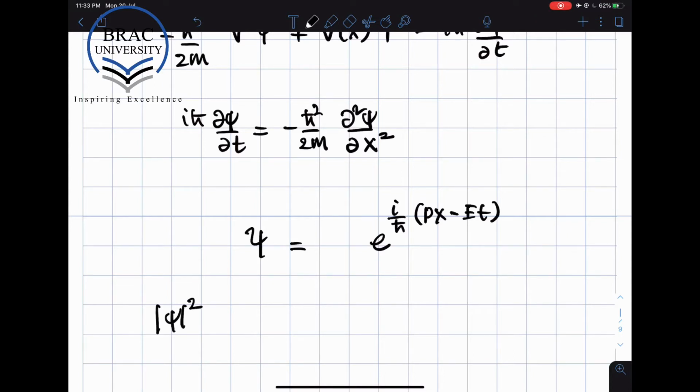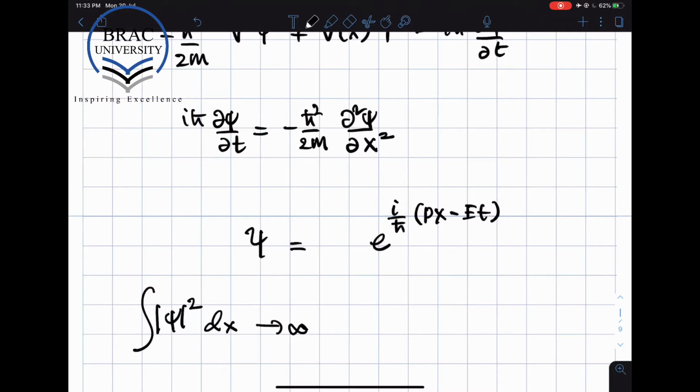Now this is an example of a function that is not normalizable, because if I take the mod squared of this thing, this is just a constant, because this is just a phase. So if I integrate this over all space, this is going to blow up. Therefore, this is an example of a wave function that is not normalizable.